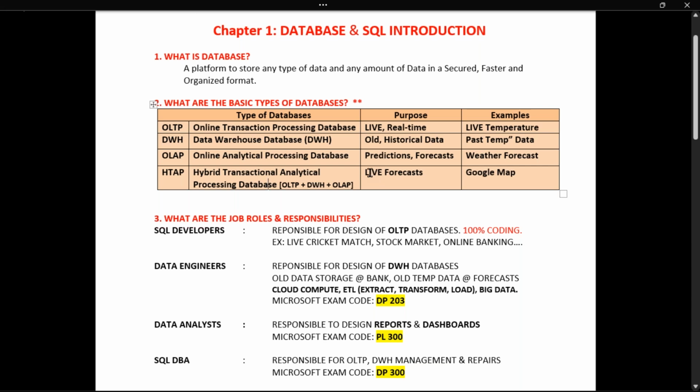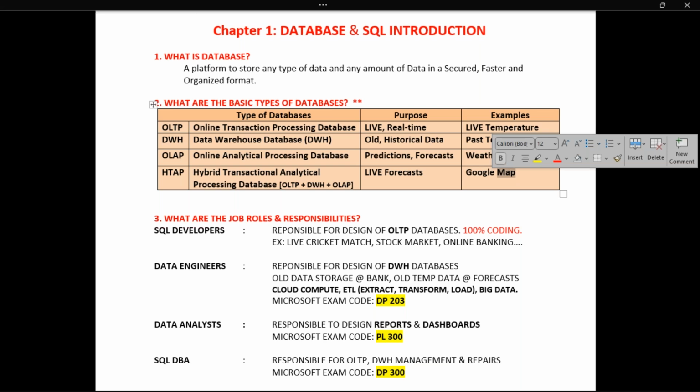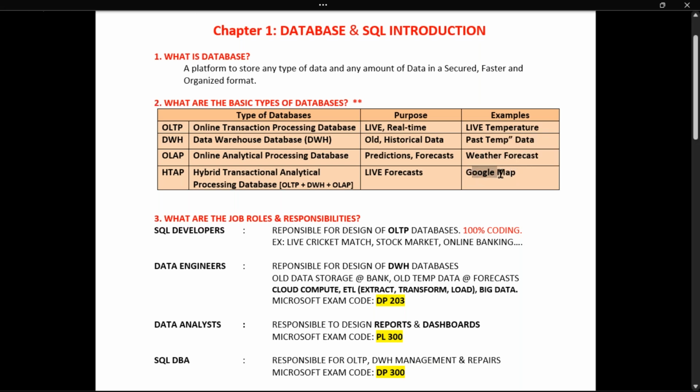Let's consider the Google Maps example. We have live tracking, historical navigation, and ETA, expected time of arrival. A mix of live plus history plus forecast is equal to HTAP.